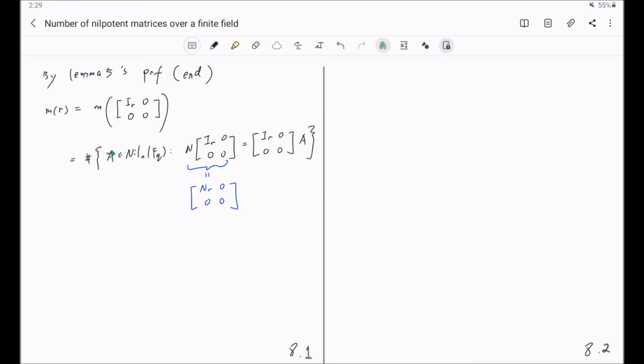Now, for any matrix A in this set, let us study what A will look like.